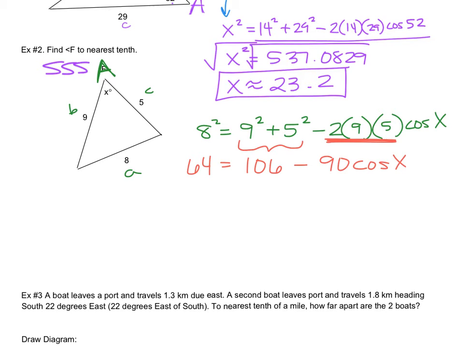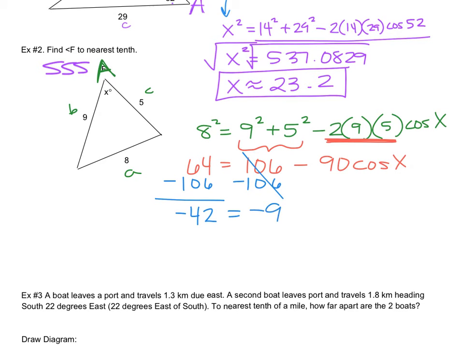To get x by itself right now, we cannot subtract those two things. We haven't gotten rid of the multiplication that's going on in there yet. So instead, we're going to move everything away from the x. The first thing you're going to do is take away the 106. So this is gone. I'm left with 64 minus 106 is a negative 42. What are we left with on the right side right now?